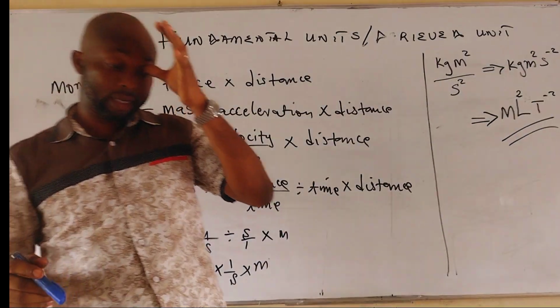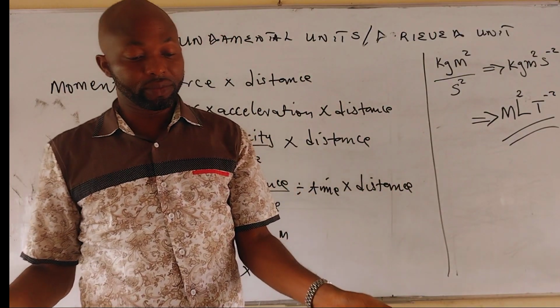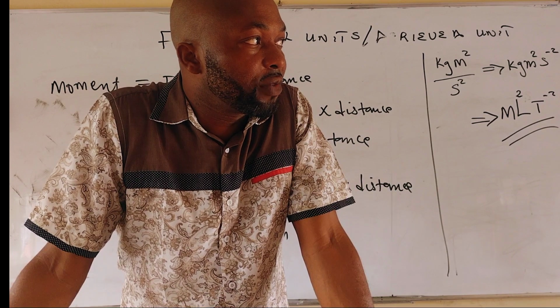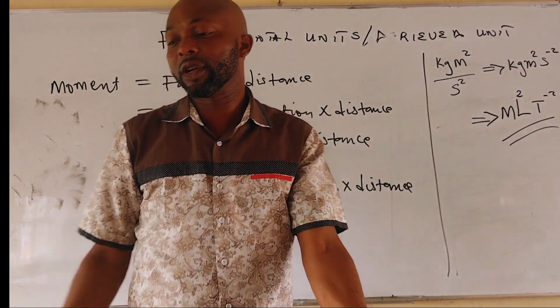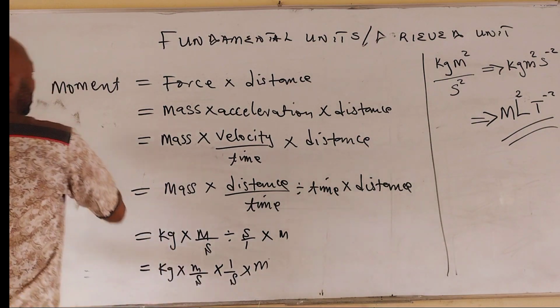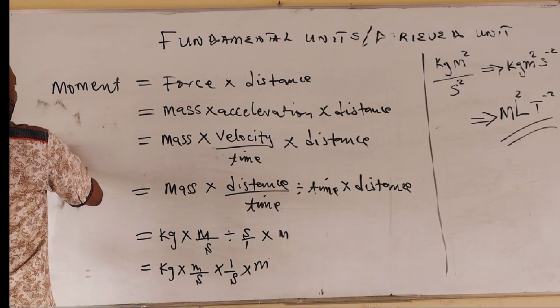Okay, let's take momentum. Is mass times velocity, the product of its mass and its velocity. Momentum is mass times velocity. Let's take momentum.